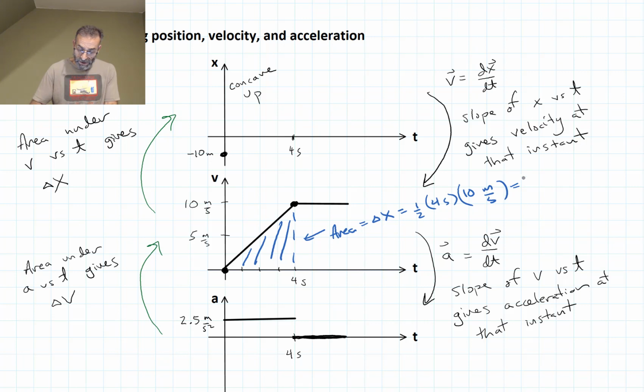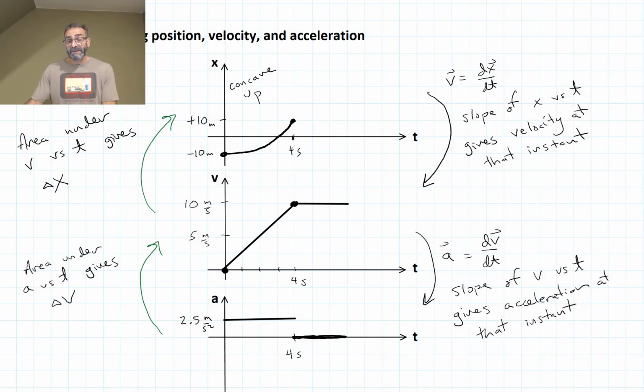So we get 2 times 10, 20 meters, positive 20 meters. We started out at 0 and we ended up in the positive direction by 20 meters. So where are we? Well, we started at -10. So we have to be at positive 10 at the end of 4 seconds. And it's concave up. The slope starts out at 0 and it's concave up, and it would look something like that.